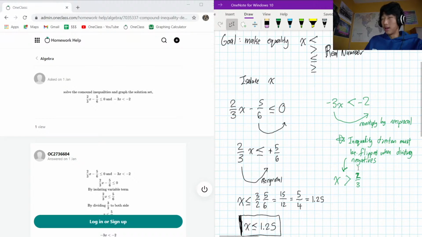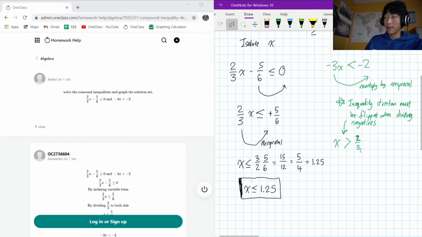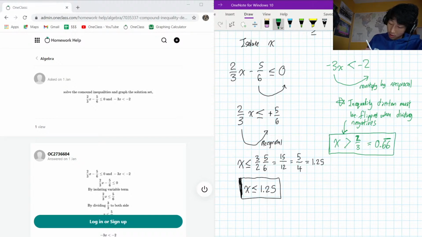And I guess it really is this simple for this one. We just isolate the x. So we know that x has to be bigger than 2/3, and 2/3 is equal to 0.66 repeating. Okay, so given these, let's do this in a brand new color, maybe blueberry blue.